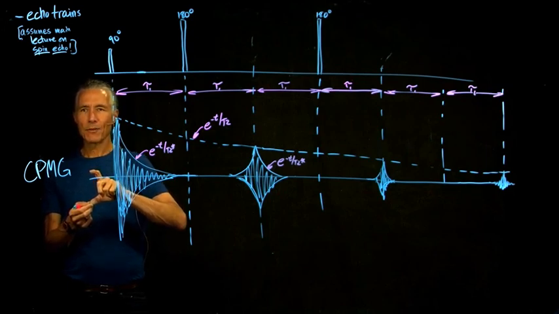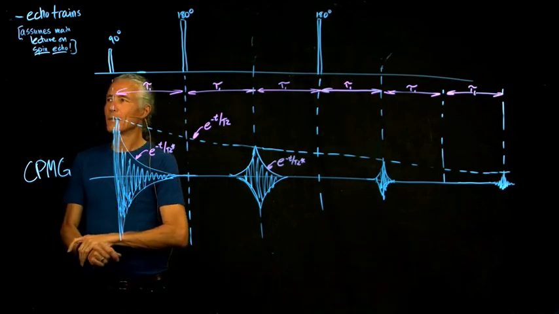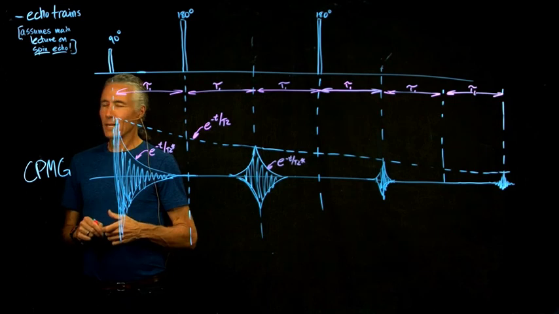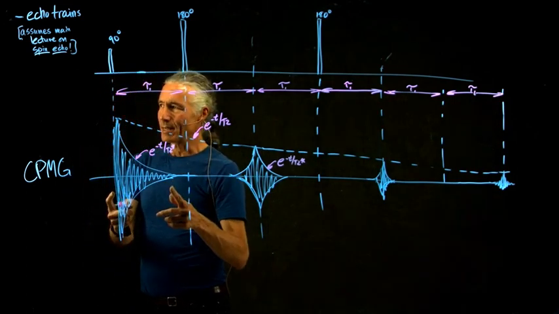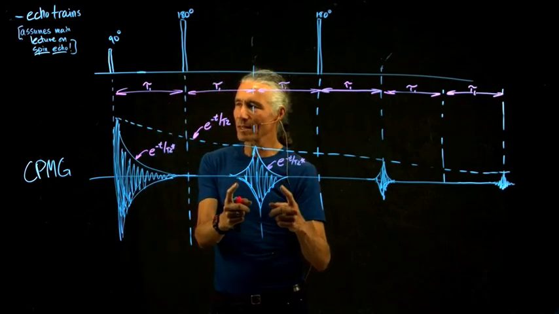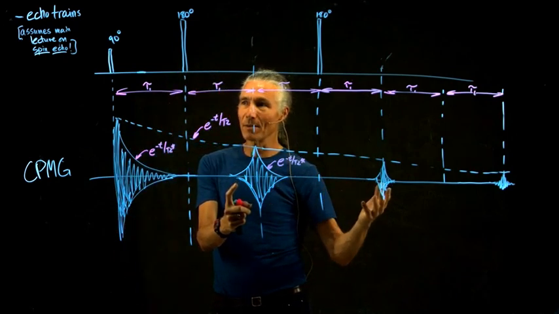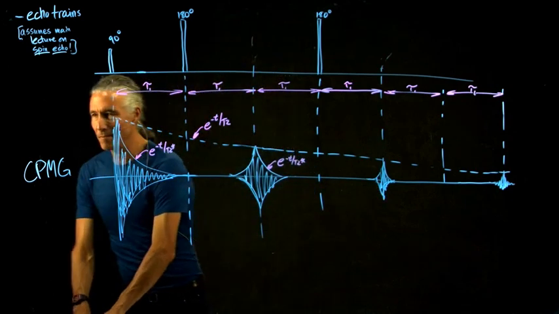Because of that, if you're trying to get rid of T1 weighting, you might have to wait for 3 or 4 seconds. And this thing only lasts a tenth of a second, so you do a tenth of a second of data, and then you just wait for 3 seconds. That would take hours to do a scan.